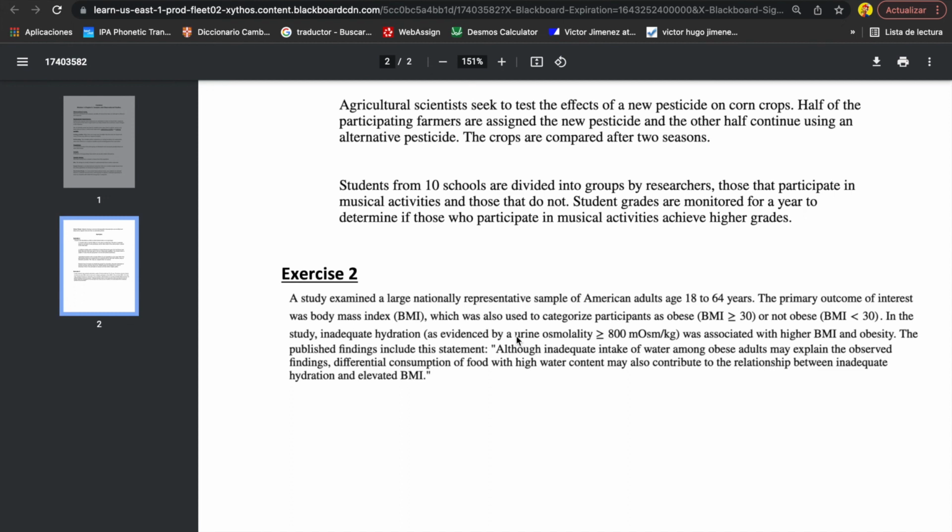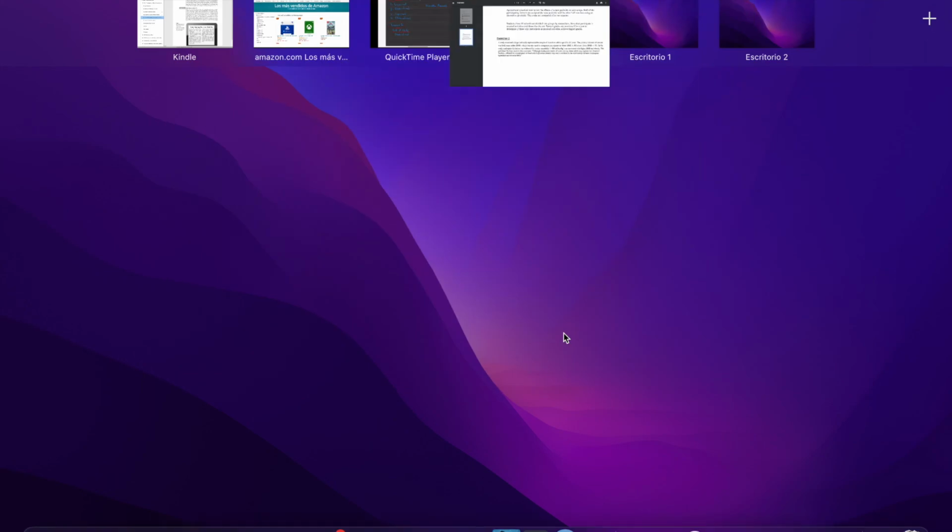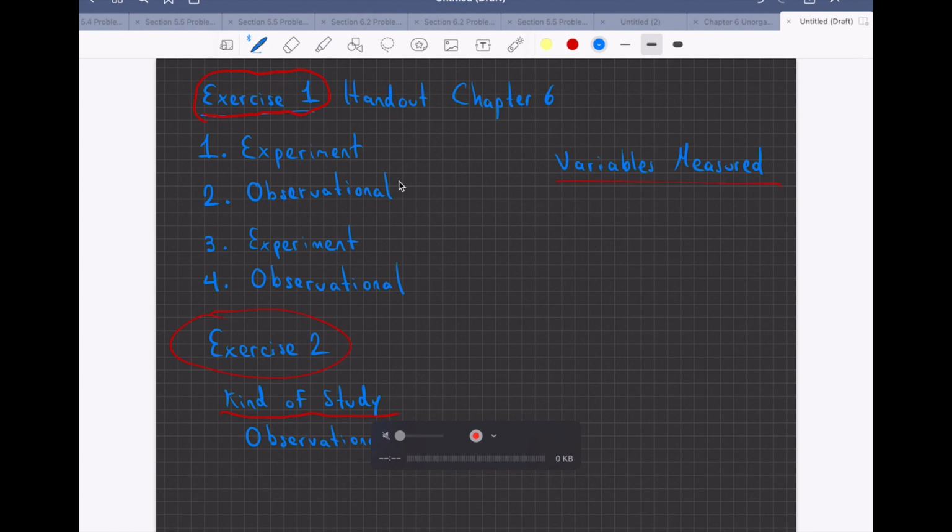The body mass index is one of them, and the other one is this one. Urine, I'm sorry, osmolality, this one. BMI and osmolality. There you have.